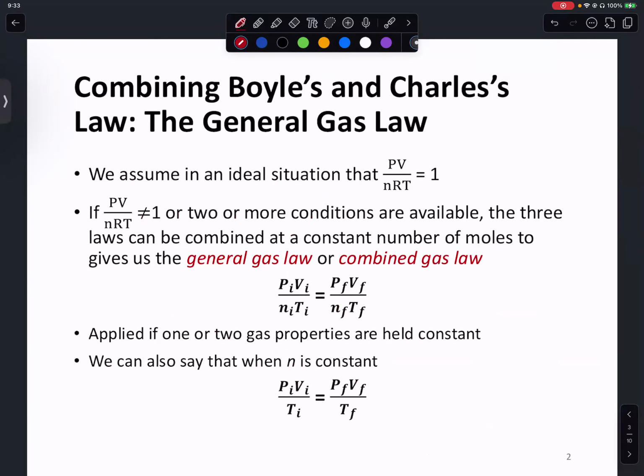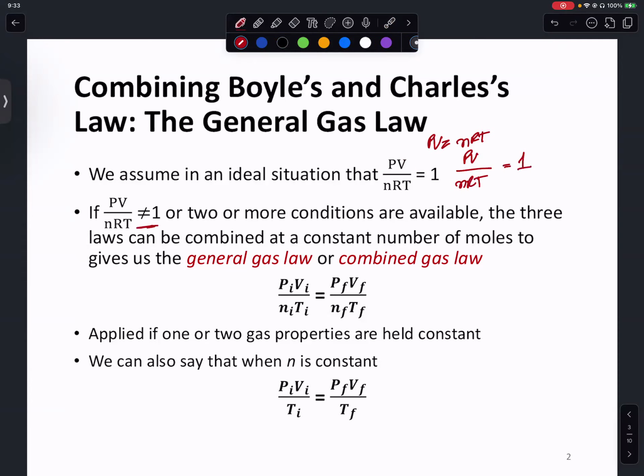Now, in ideal situations, we can rearrange the ideal gas law, PV equals nRT, and say that PV over nRT equals 1, and 1 here indicates the ideality.